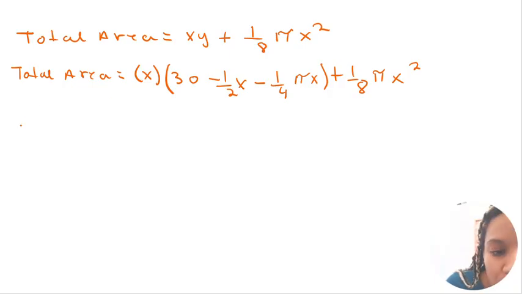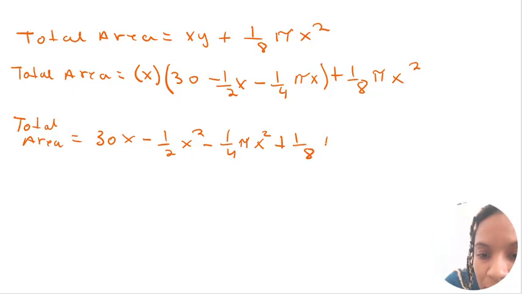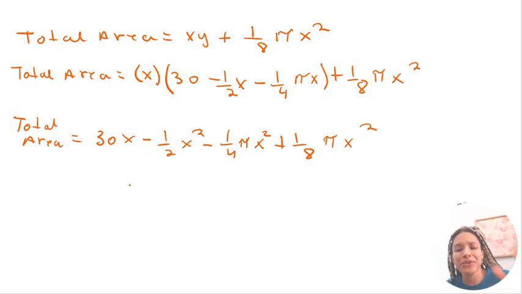Let's go ahead and distribute the x. So we have 30x minus 1/2 x squared minus 1/4 pi x squared plus 1/8 pi x squared. Okay. Wait a minute, I feel like I skipped something. Oh, no, right here. I totally forgot about the 30.